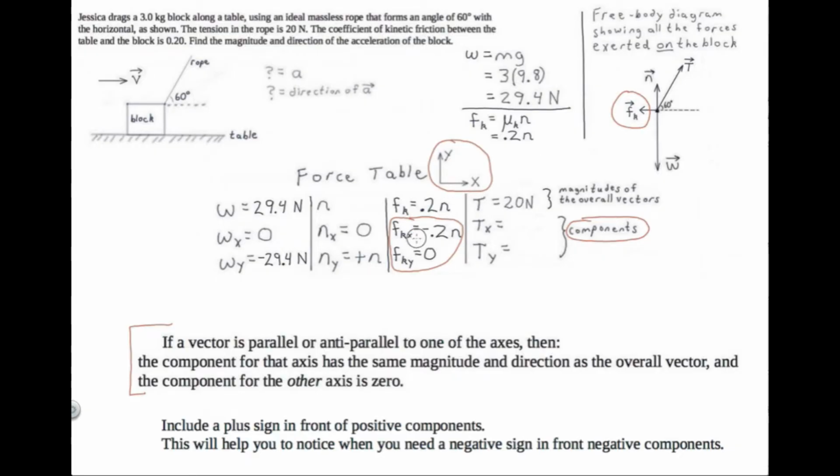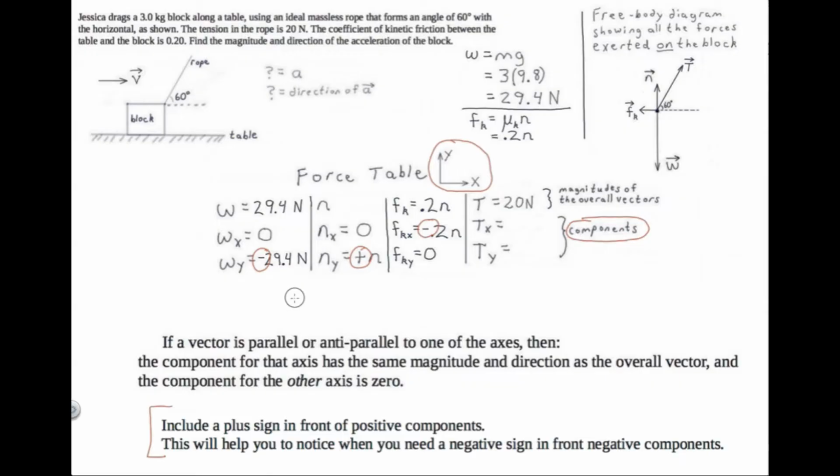So the x component of the kinetic friction force is negative. The x component has the same magnitude as the overall kinetic friction, which we are representing with the mathematical expression 0.2n. And the other component, the y component, is 0. It's crucial to include this negative sign on the x component.